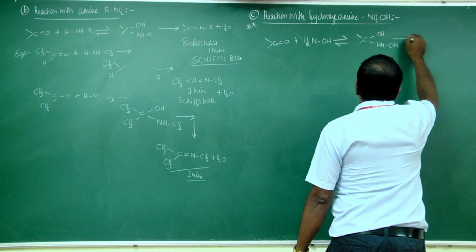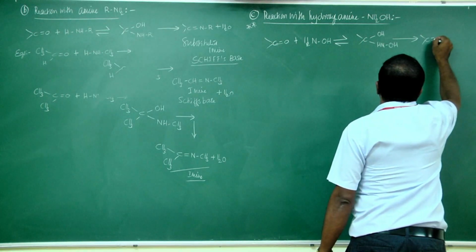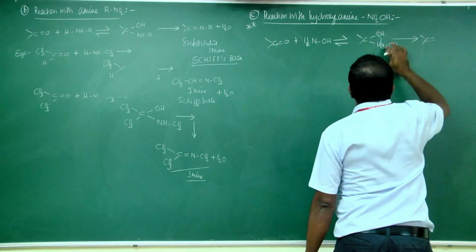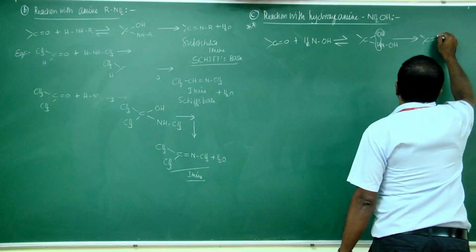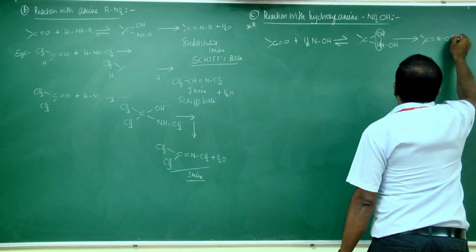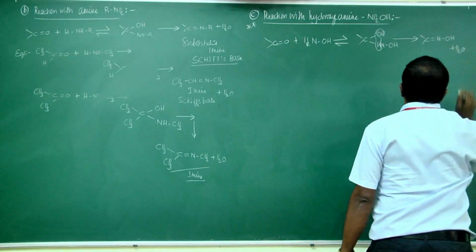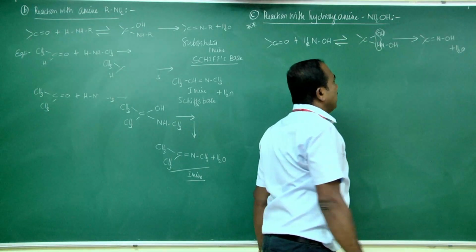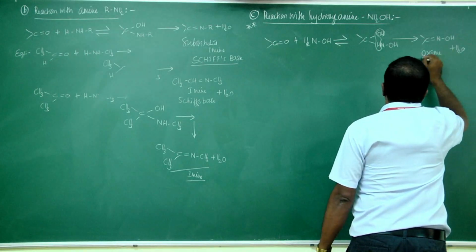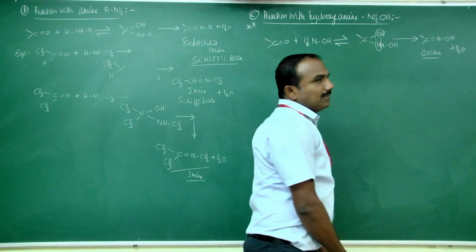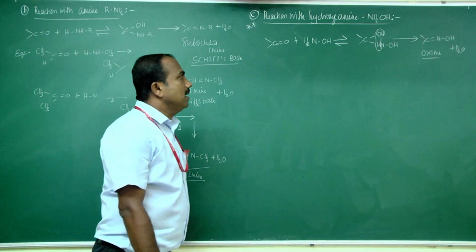And finally dehydration takes place, that is removal of water, and the final product is C double bond N connected to OH plus H2O. So the product formed is called oxime. This is oxime, that is C double bond N connected to OH.